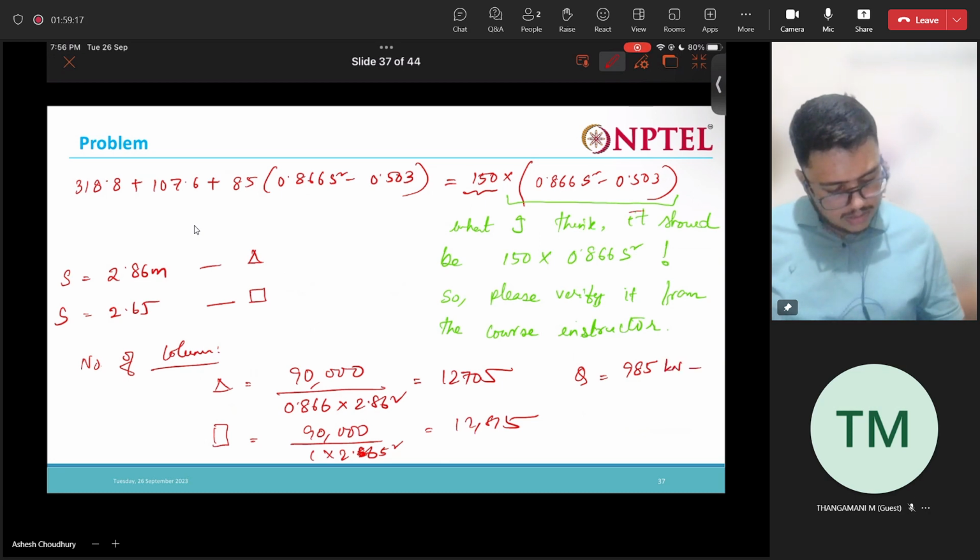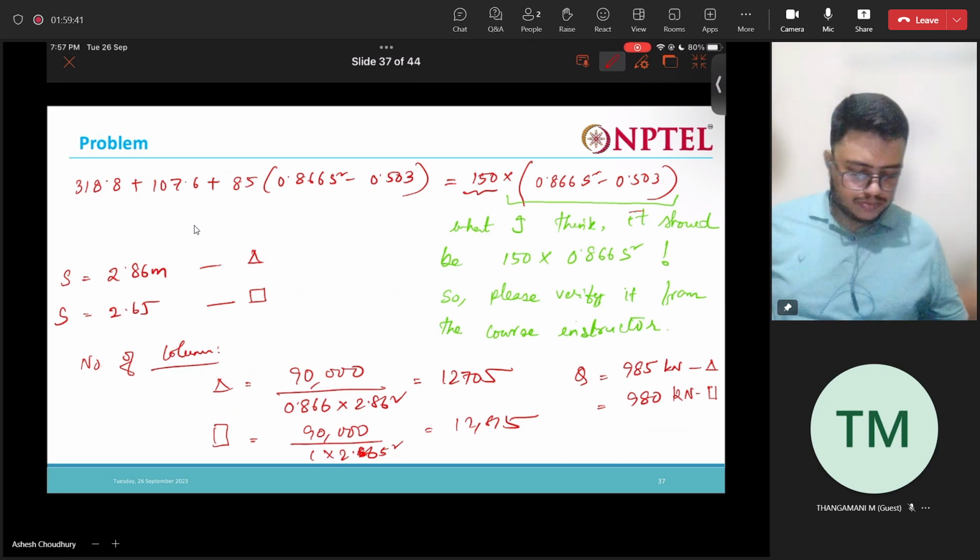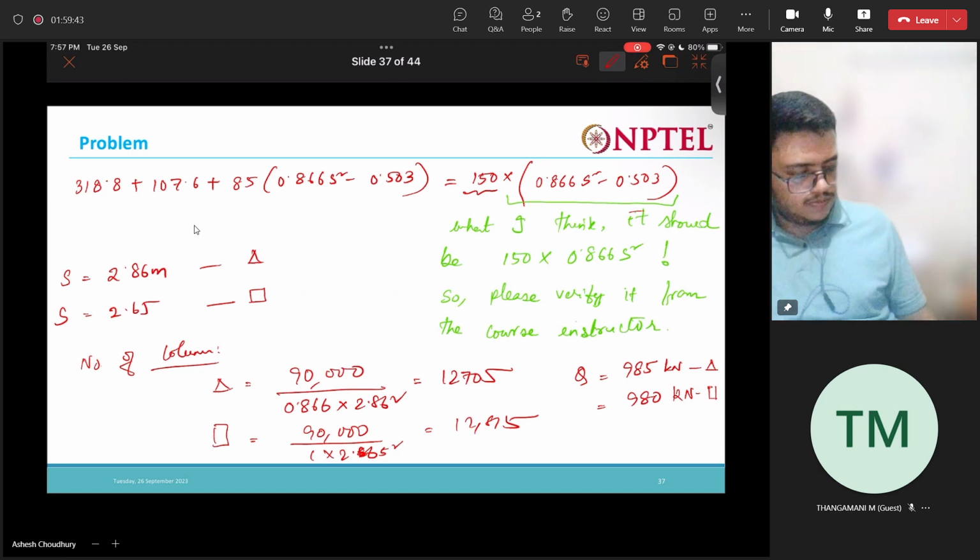This is in case of triangular, and in case of square they have calculated this as 980 kilonewton.